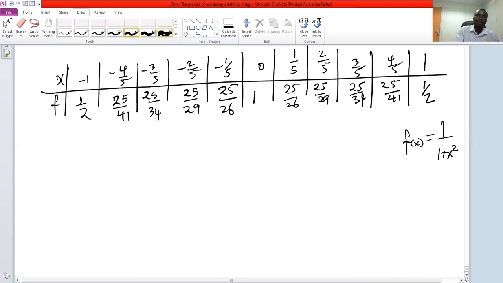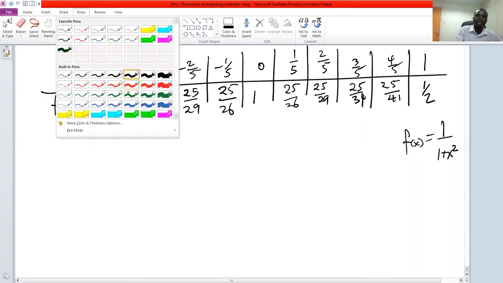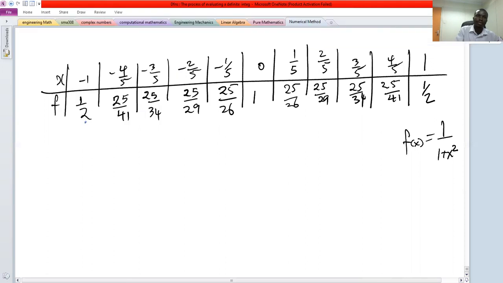With this table of x and f values, call this one f0, f1, f2, f3, f4, f5, f6, f7, f8, f9, and f10.